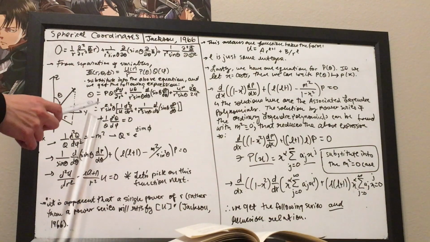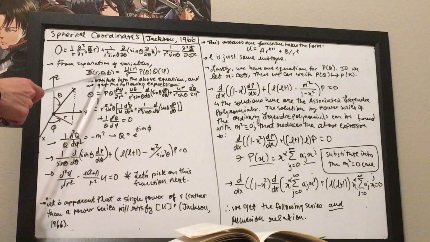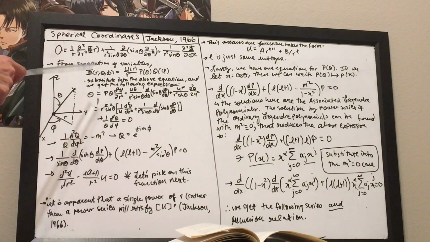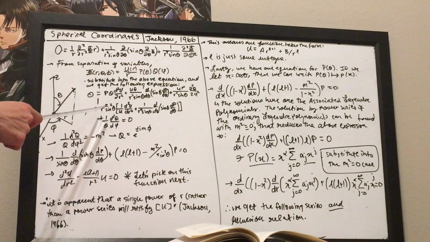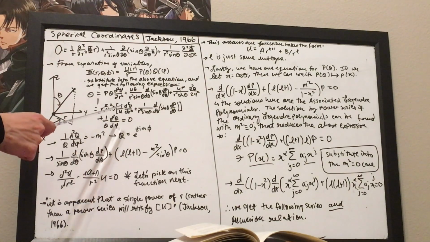Anyway, we set this equal to 0, and we substitute this value of phi back into our Laplacian in spherical coordinates. And when we do that, we basically apply the same trick. We divide by a certain amount here, namely the P Q U term, right?